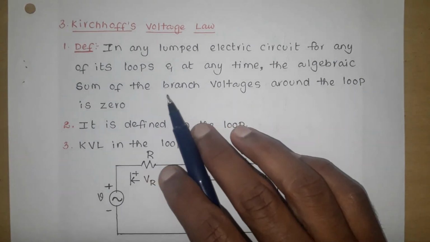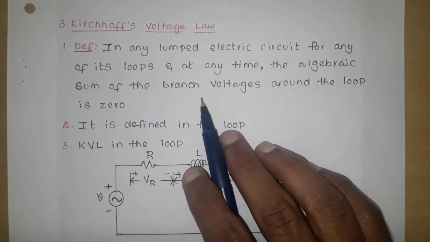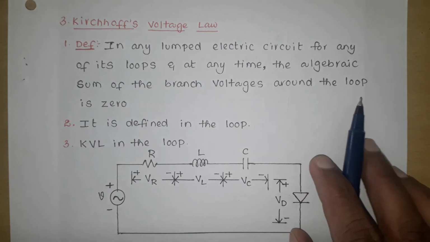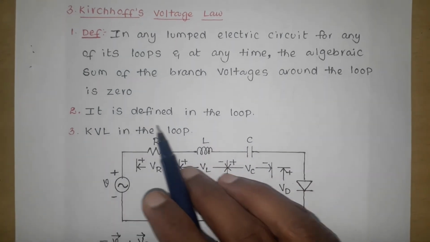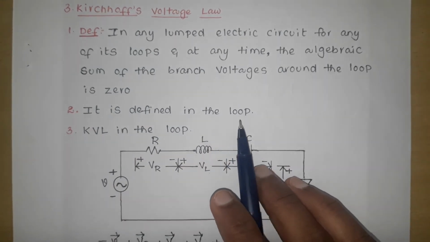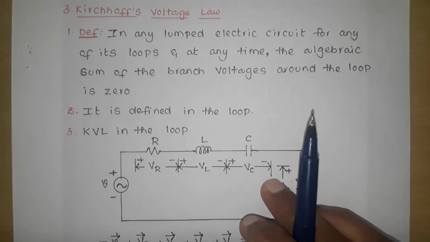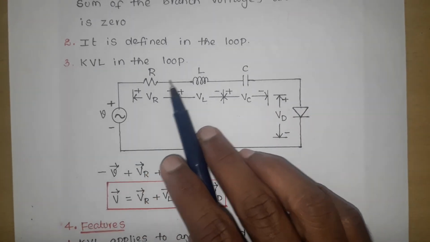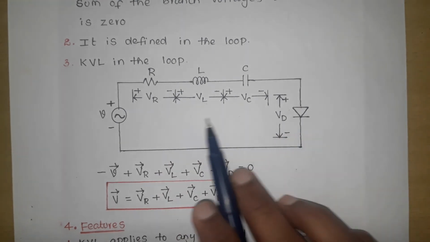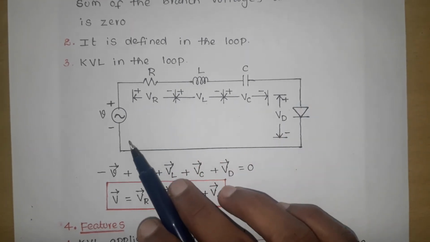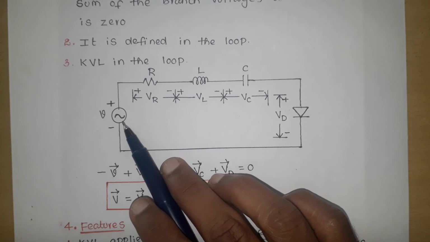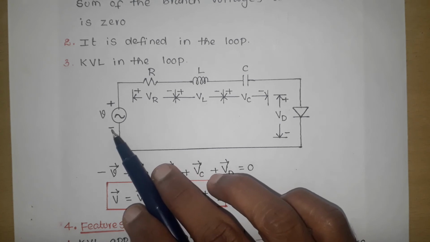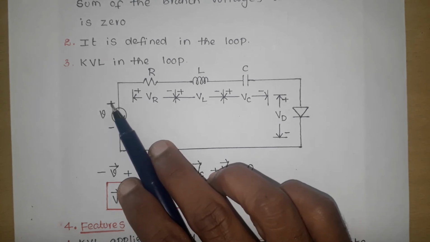The algebraic sum of the branch voltages around the loop is 0. So KCL is defined at the node, whereas KVL is defined in the loop. In this example, this is a source and these are 4 passive elements which take energy. For a source, on the current entering side we take a negative sign, and on the current leaving side a positive sign.